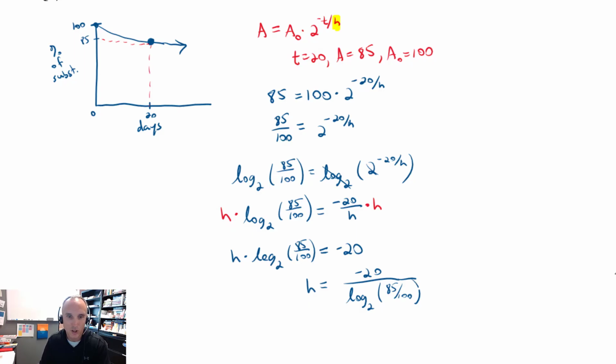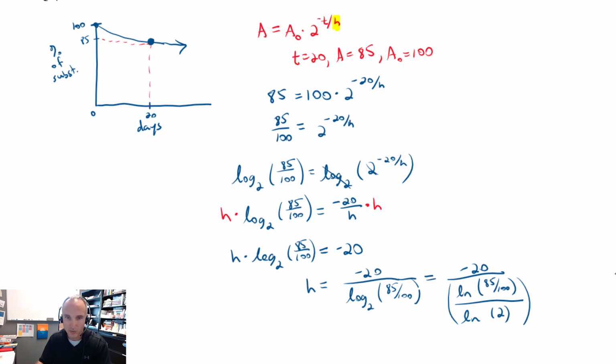If you can't do a log base 2 on your calculator, you have to use the change of base formula. So you'd have to use the natural log button, and you would do the natural log of 85 over 100 over the natural log of 2, and make sure you divide by this entire fraction.